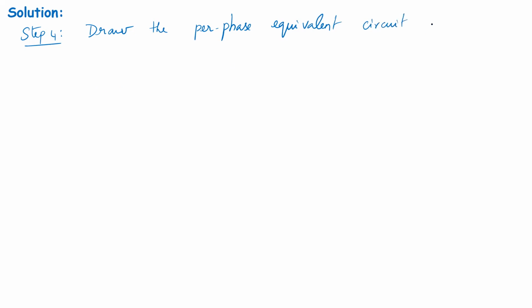So let us go ahead to step 4 and draw the per phase equivalent circuit of the system on the per phase representation.